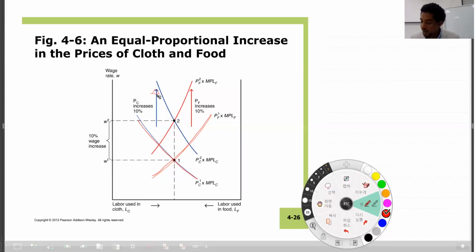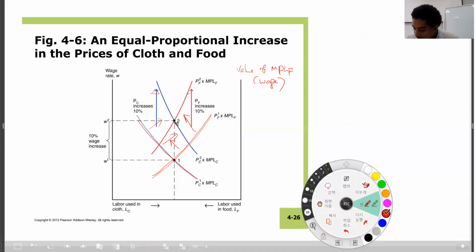And you can use the same thing here, the value of marginal product of food. When we increase the product price of food by 10%, the graph will also move to the right. So this moves here, and this graph moves here.